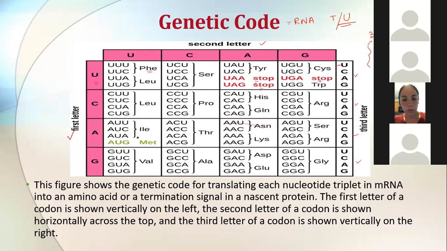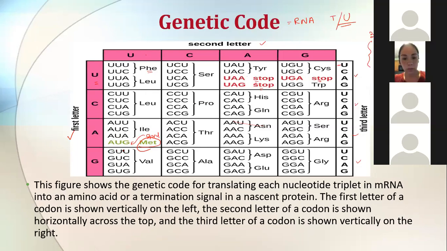Now we have one start codon, that is methionine. This is our start codon. It is Augusta, AUG. Just to repeat because my audio went out, the 3 stop codons have no meaning and no assigned amino acid.